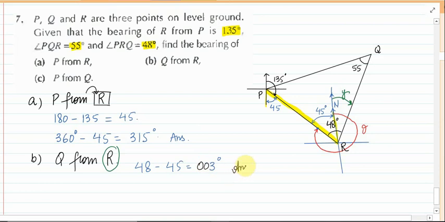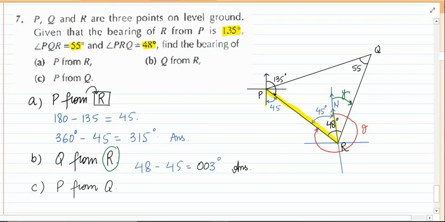That is the answer, right? After part B, we need part C. After that, the last part, P from Q. Now P from Q.